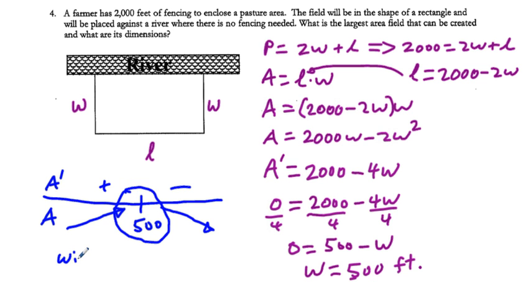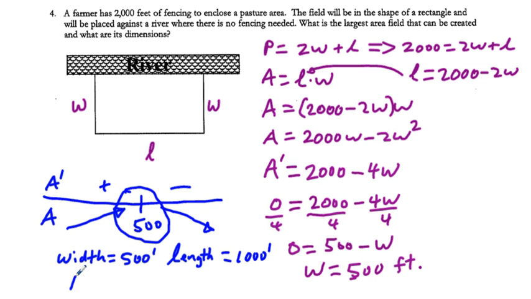So width equals 500 feet. And length is going to be twice that. We have 1,000 feet, right? So 500 plus 500, we have 1,000 left. So length equals 1,000 feet.